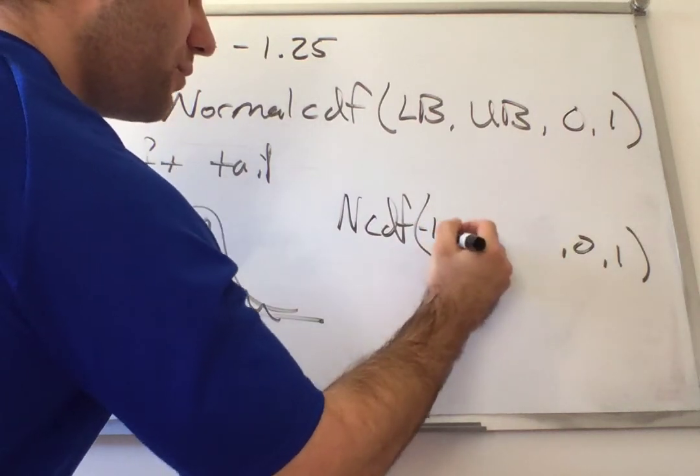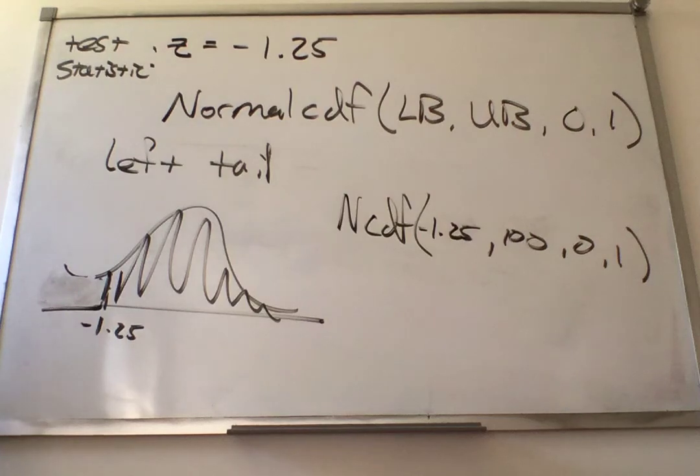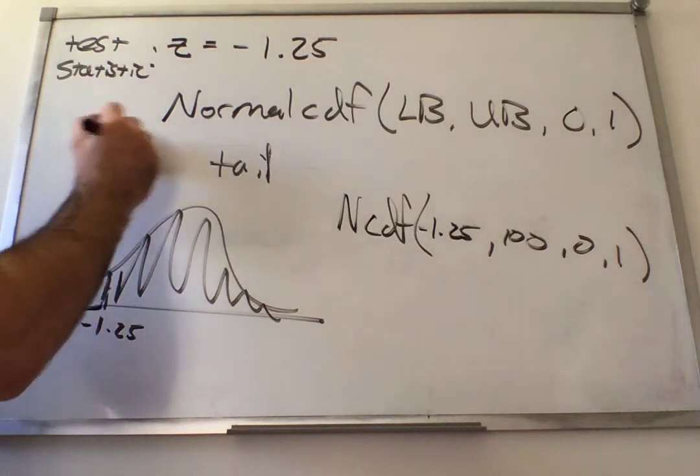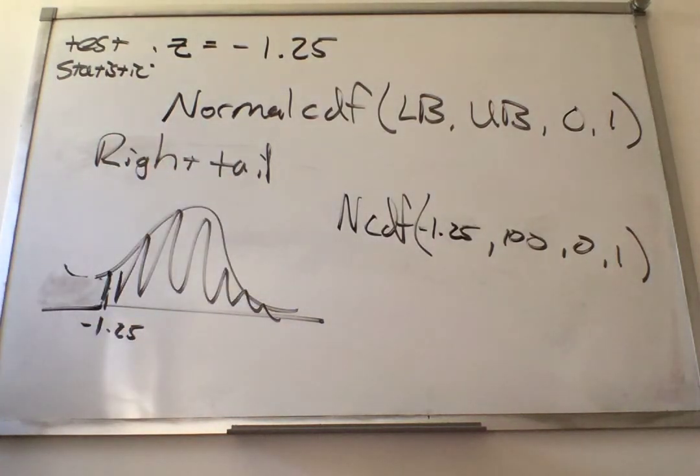So negative 1.25, a really large positive number this time. So this would be a right tail test. It's the right part, right half of where your test statistic is. And then the last one would be two-tailed test.